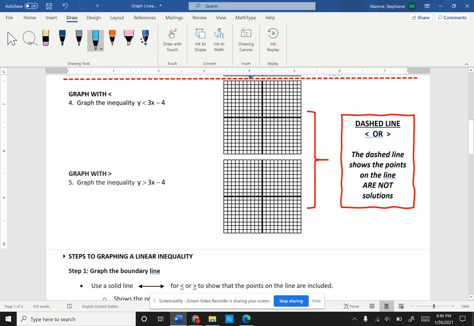Now we're going to look at if it's just a strictly less than or strictly greater than. So there's no equal to on these two. So again, I graph my slope, my y-intercept.